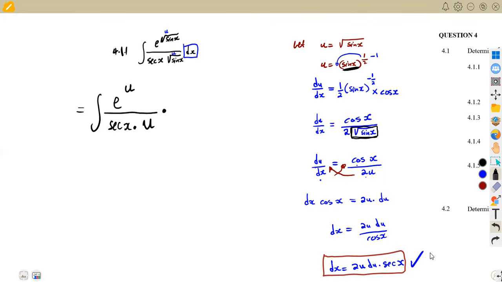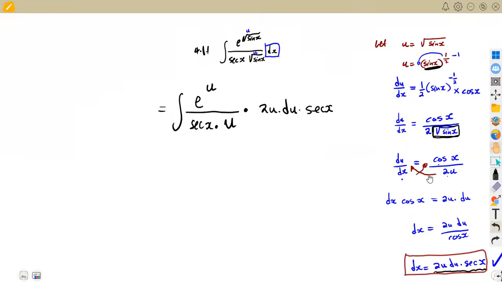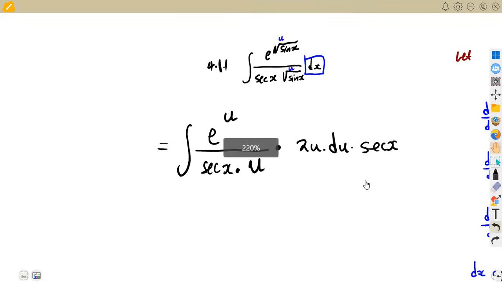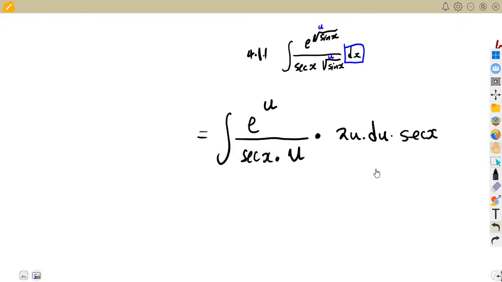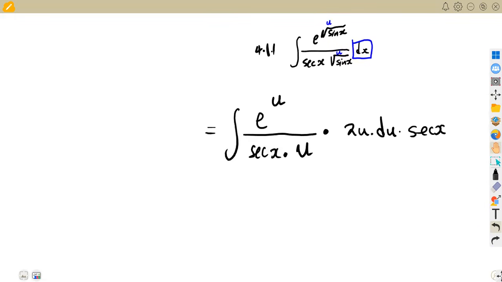And this dx, now we have written this in terms of u, which is going to be 2u times du like this times the sec of x. So this is the expression now.